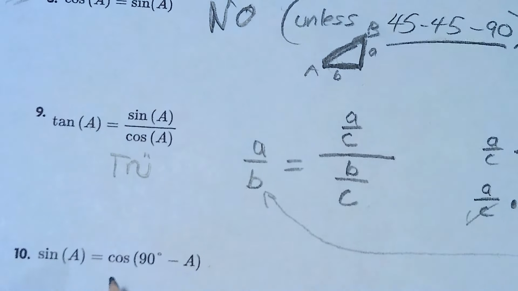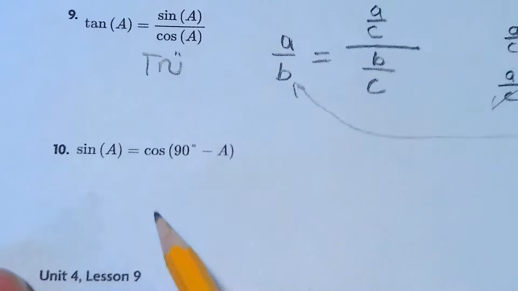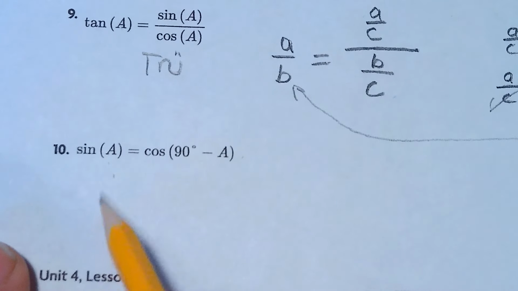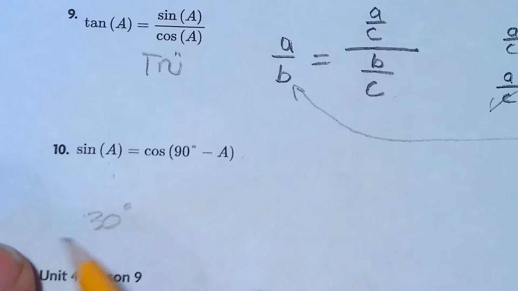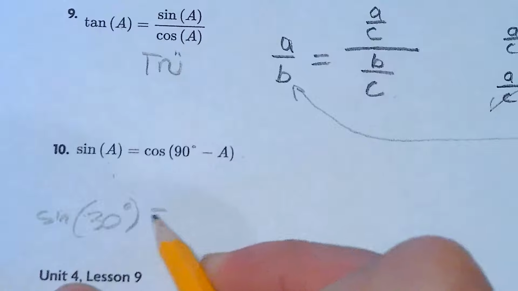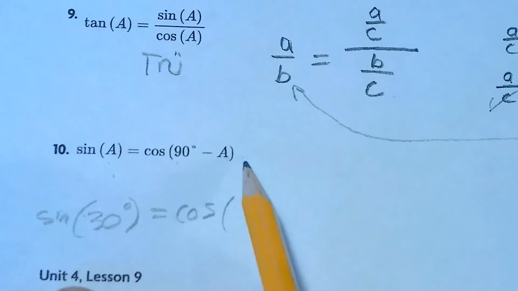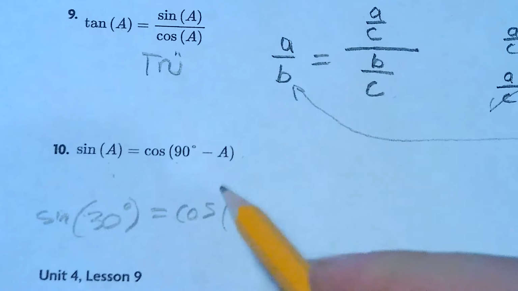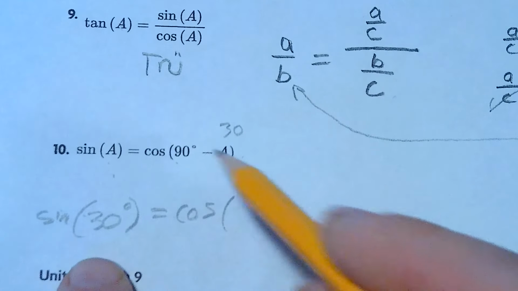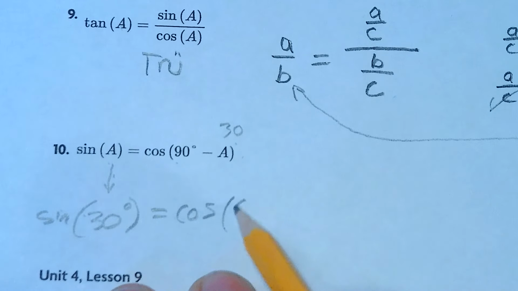Sine A equals cosine of 90 minus A. What is that about? Well, this is looking at the triangle. A is some degrees. Let's say it's 30 degrees. Then that would mean that cosine of 90 minus 30, because remember, A is 30, so 90 minus 30 is 60.